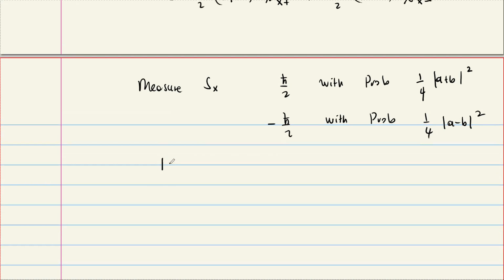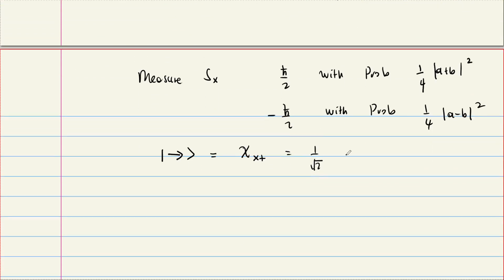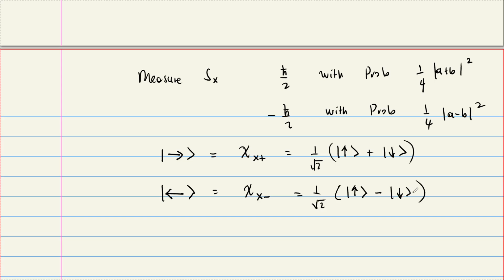So this means chi x plus, and from the above, this is 1 over root 2, up plus down, and the other one is chi x minus, 1 over root 2, up minus down in the z direction.